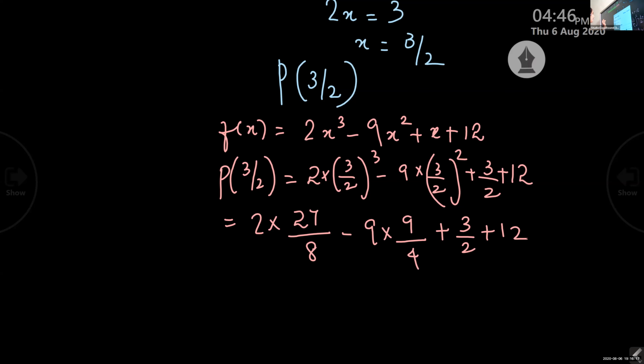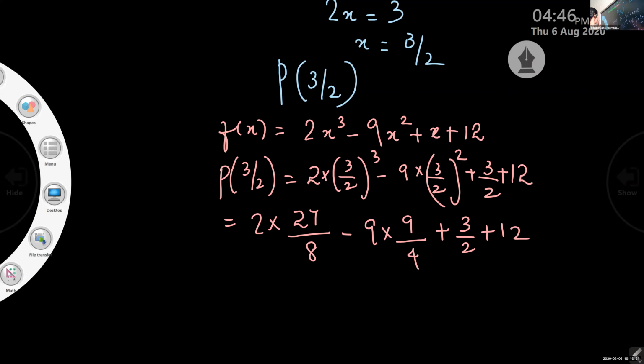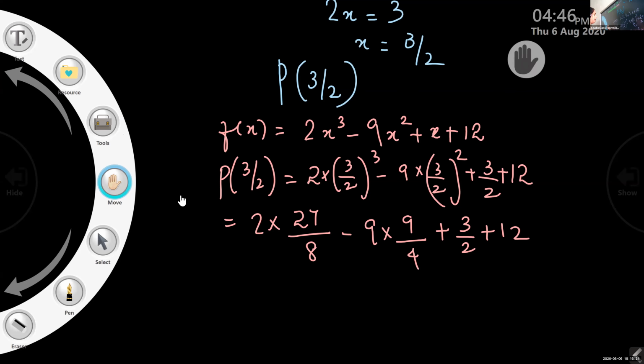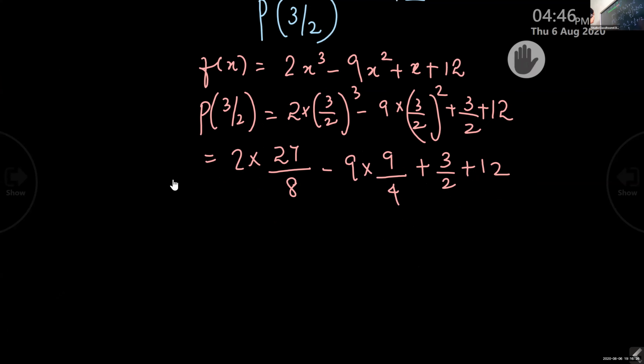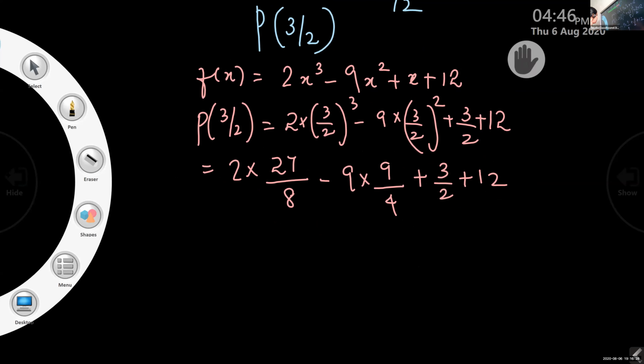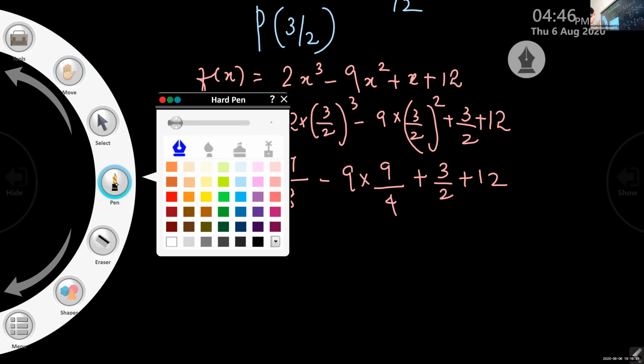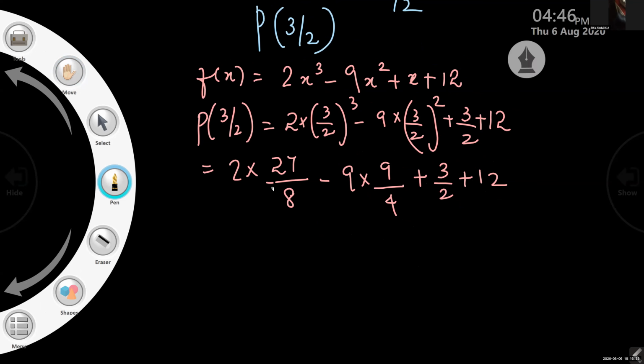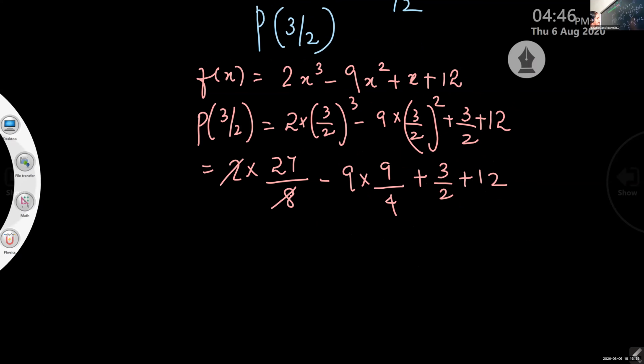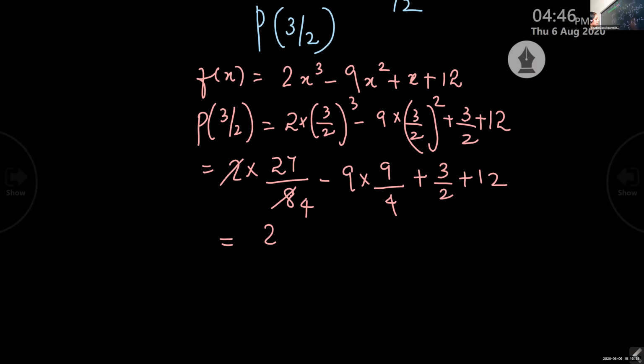Now listen, children. Here you can cancel that 2 and 8. So you will get 27 by 4. Here also 9 into 9 is 81 by 4, right? Plus 3 by 2 plus 12.